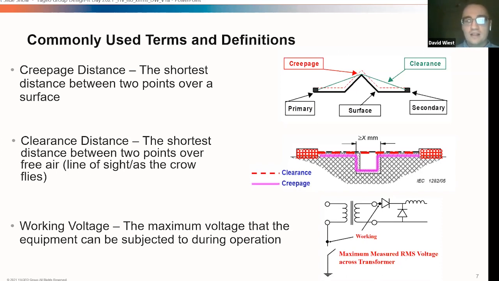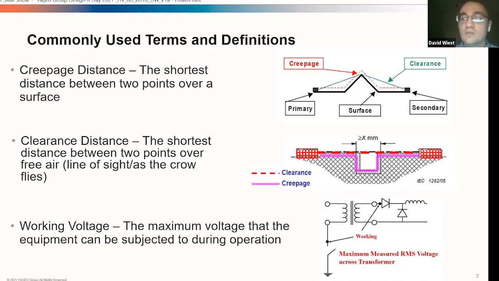The creepage distance is the shortest distance between 2 points over a surface. That means if there's, say, a cutout in a PCB or a notch in a transformer bobbin, that distance must be followed along the surface, and that can be seen if you follow, say, the pink line in the graphics on the right.